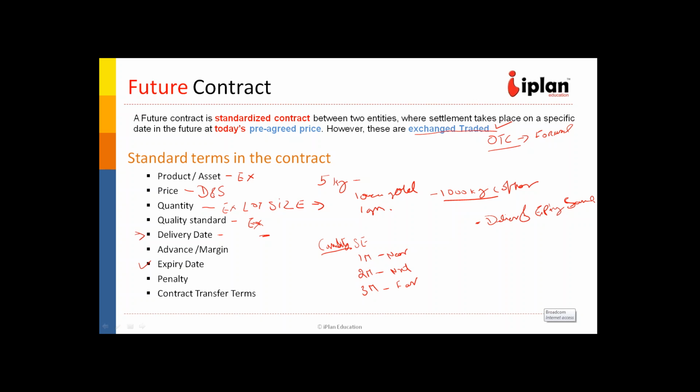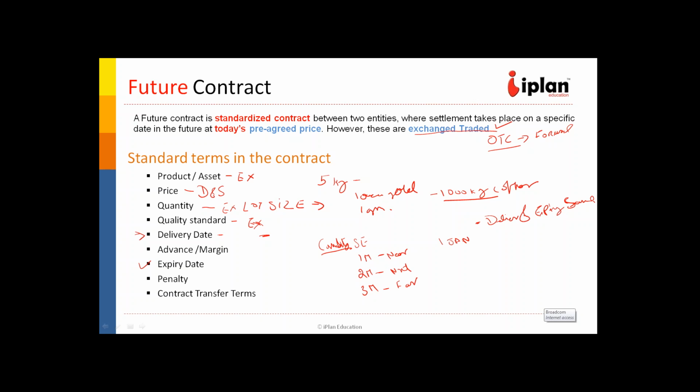So how this functions? Let's say on 1st January, one contract was launched by the exchange and people can buy or sell the contracts. Okay, see, I tell you one thing.